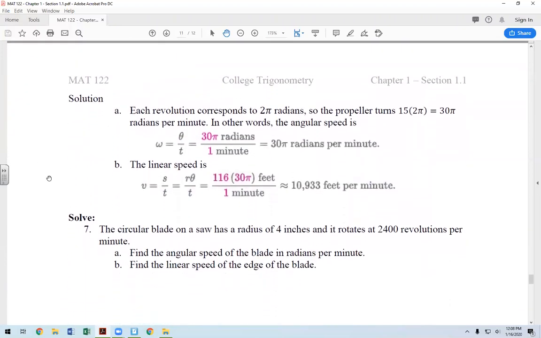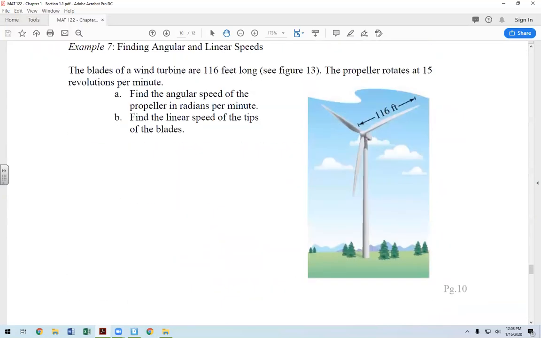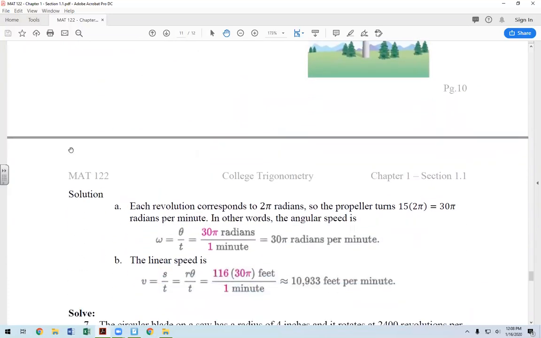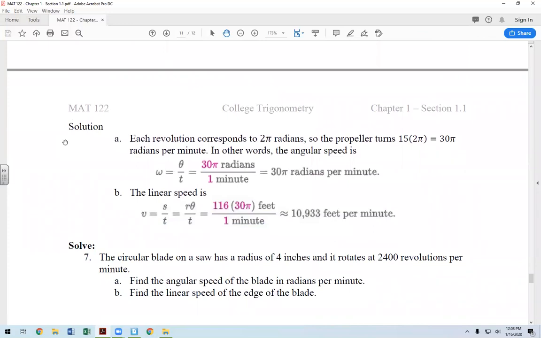So since we're talking in terms of revolutions for the propeller, obviously a revolution is going to be an entire circle, so that means it is going to cover a distance of 2 pi or the 360 degrees, right? So they're telling us the propeller is making 15 revolutions. If each revolution is 2 pi, that's going to be 15 multiplied by 2 pi, which gives you 30 pi radians per minute.